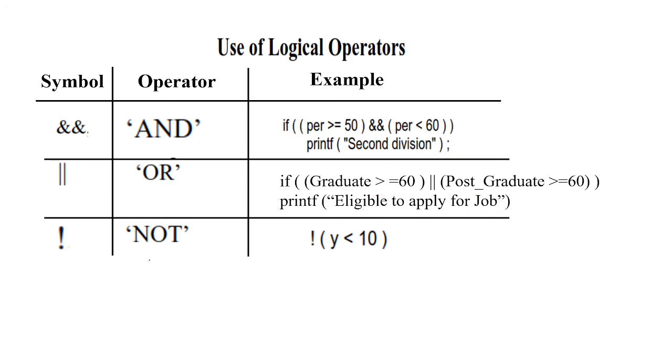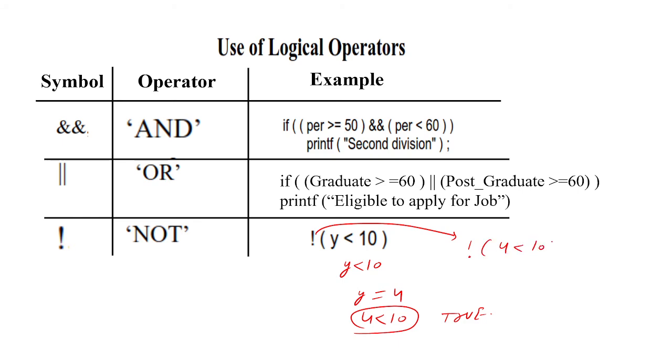Next is the NOT operator. NOT operator is symbolized by this symbol. So here if the condition is y less than 10, means if y is equal to 4, and 4 is less than 10, which is true, but on applying this operator before this, it will become false.